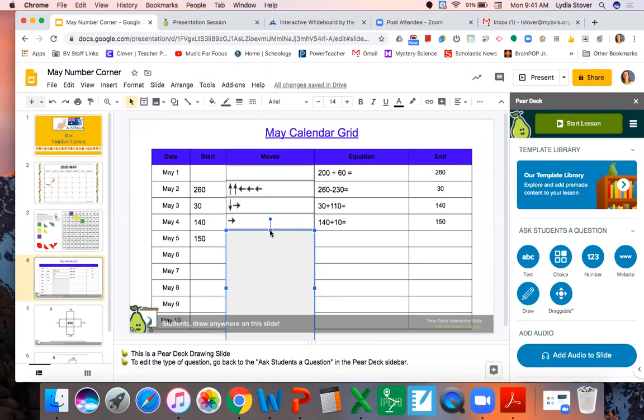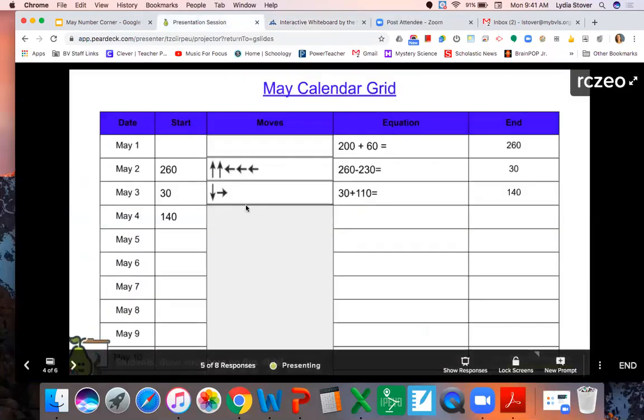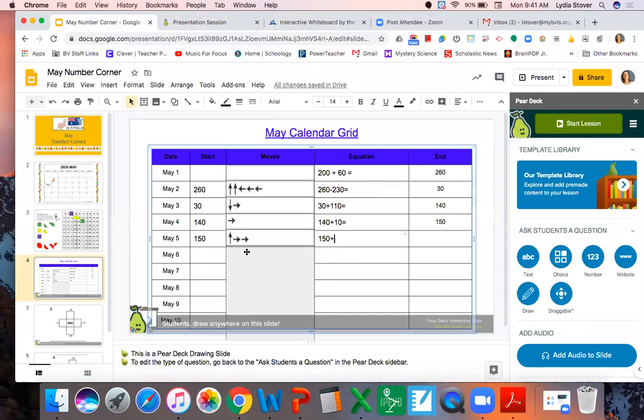Look at the arrows, and this time you write the equation for her hops. It's going to be a plus sign. Those numbers are going to get higher. Why is mine opposite? I don't know. Ignore my arrows. It needs to look like this.